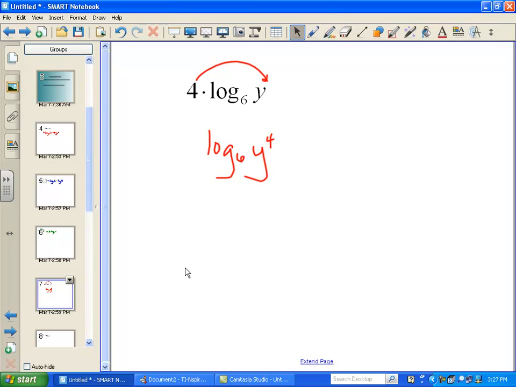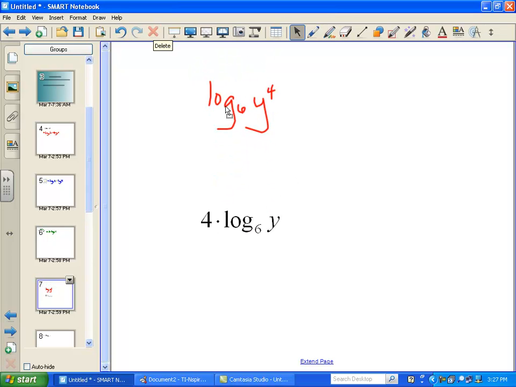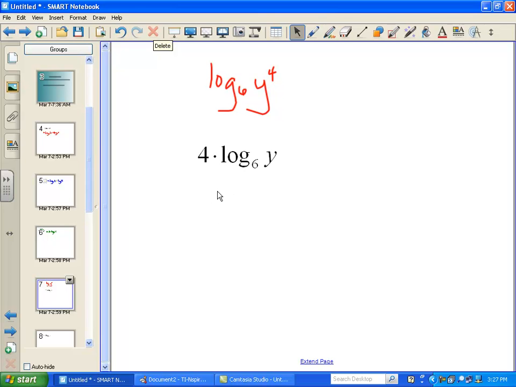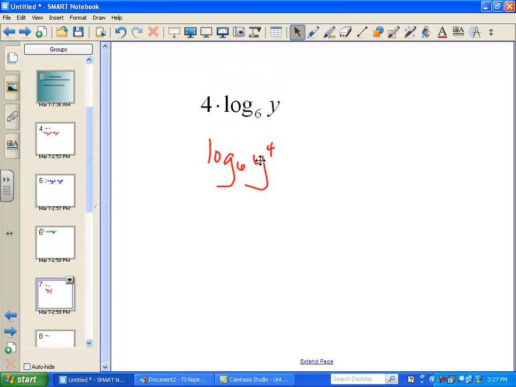It's almost like I had log base 6 of y to the 4th and simplified it to 4 times log base 6 of y, but the problem asked you to do just the opposite. We were starting with 4 log base 6 of y and condensing it to log base 6 of y to the 4th.